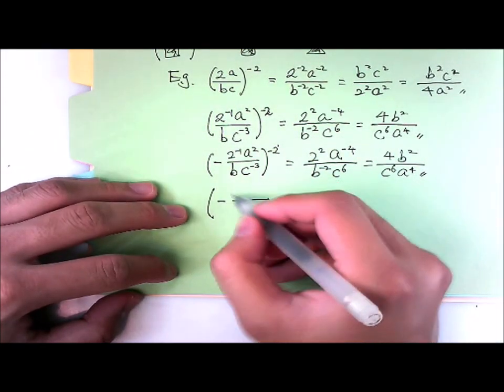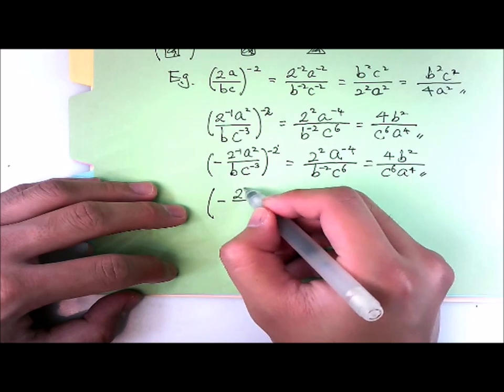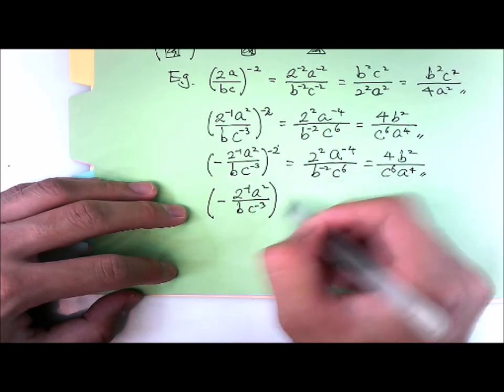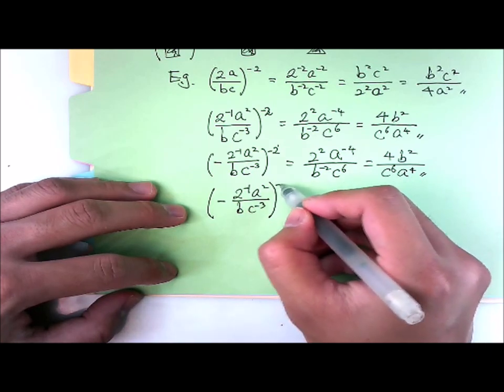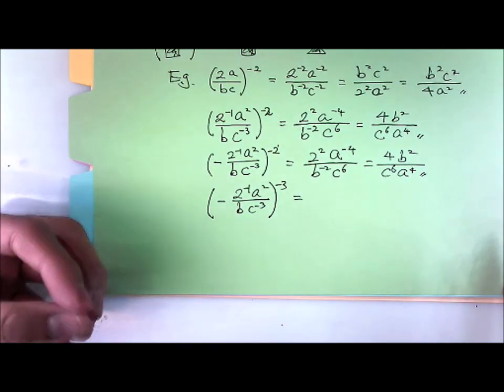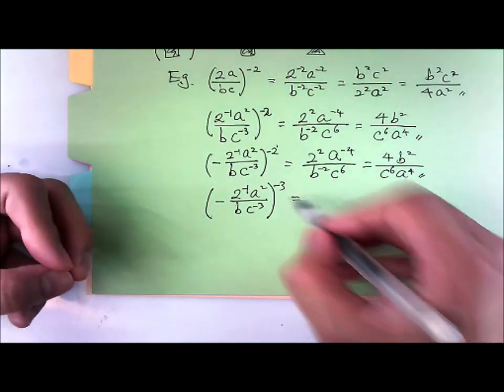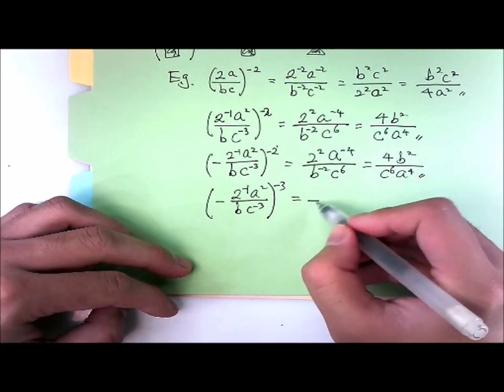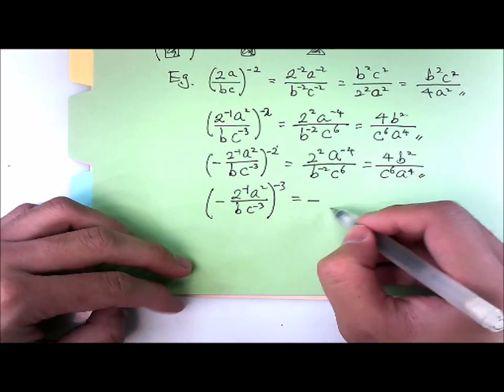Negative, and then for example we have 2 minus 1, a2, still the same thing. Okay, but out there we have a minus 3. Understand? So you have to determine whether your result is positive or negative. So this 3 is odd, right? So your result must be negative. So you write the negative sign first, don't miss it.